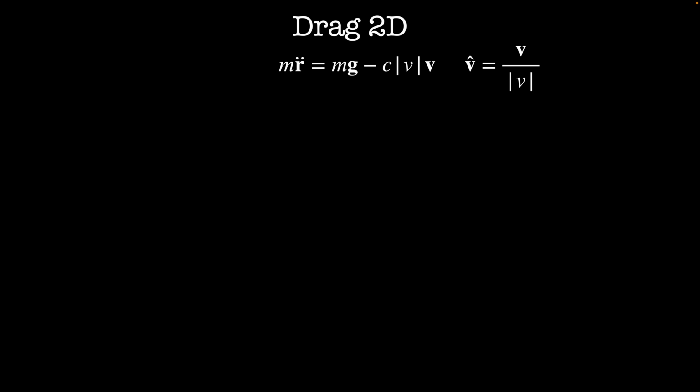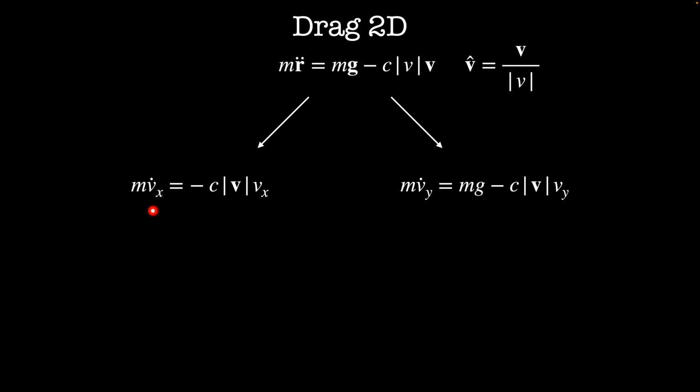So now that I've written it that way, it means I can split this up into component form a little bit more easily. In the x direction, I have m vx dot is equal to minus c times the magnitude of the velocity times the velocity in the x direction. And I can expand the magnitude of the velocity as minus c times the square root of vx squared plus vy squared times the velocity in the x direction.